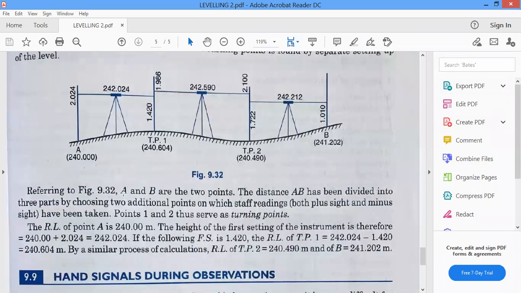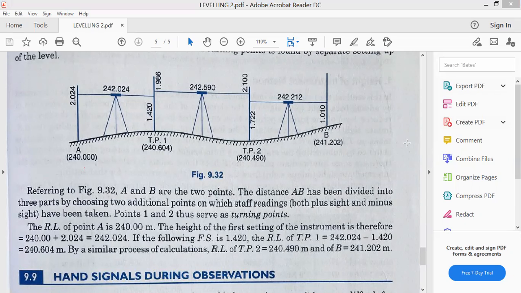See here, referring to figure 9.32, point B is at a distance away from A. A is your benchmark whose RL they have given as 240. The distance AB has been divided into 3 parts by choosing 2 additional points on which staff readings have been taken. The first reading you will take is always on the benchmark.